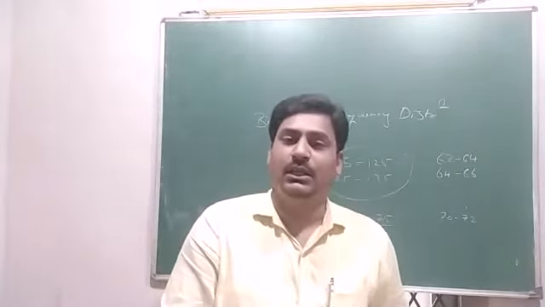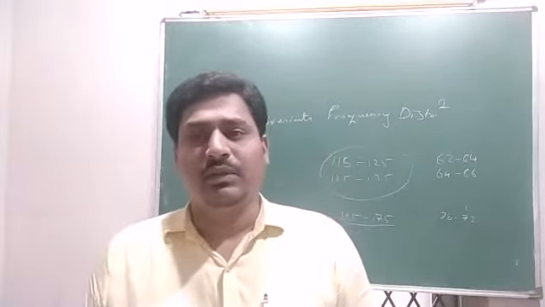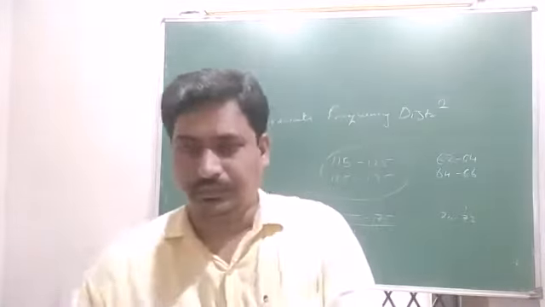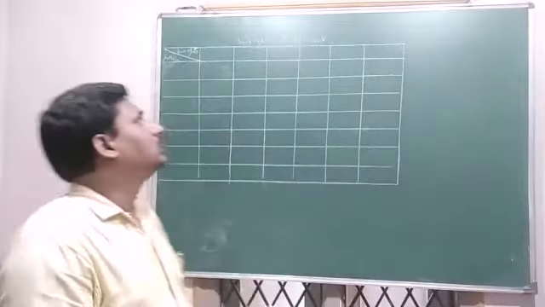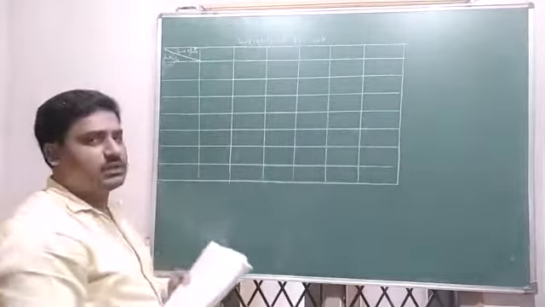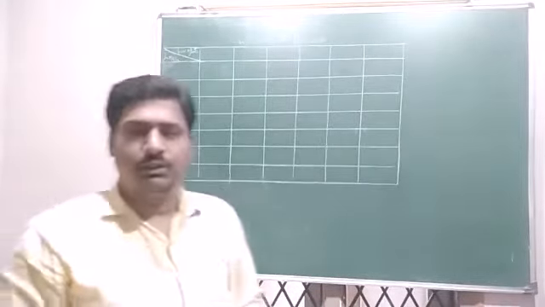So let us prepare the table and plot this data into the bivariate frequency distribution. Here we take weights of the persons in the columns, and in the rows we take height of the persons.